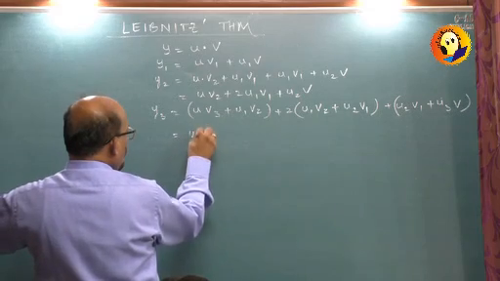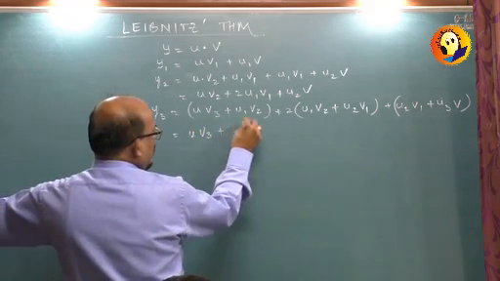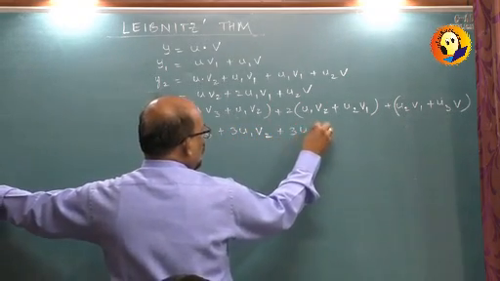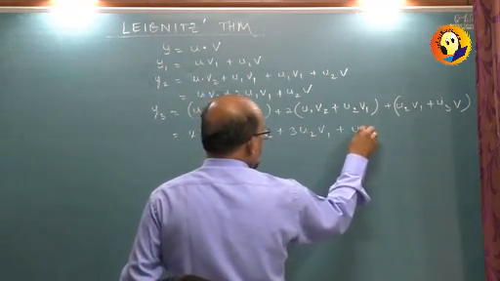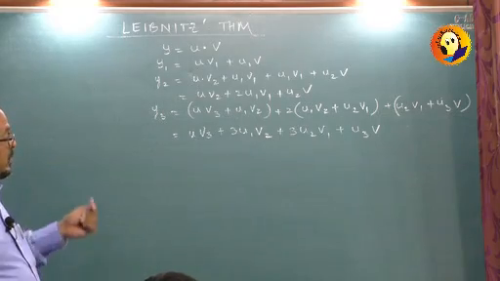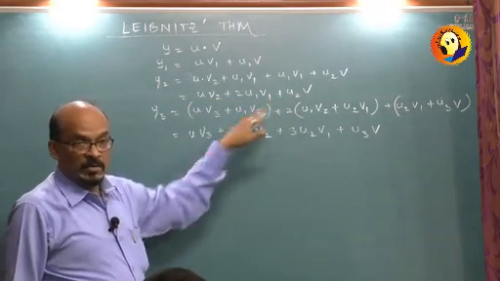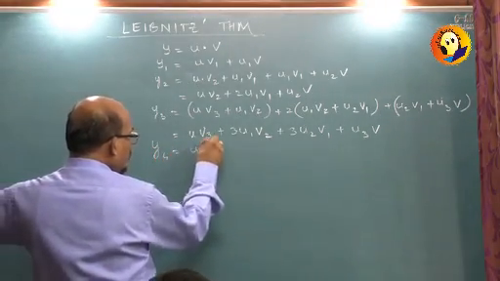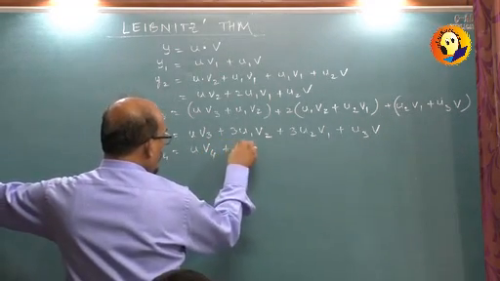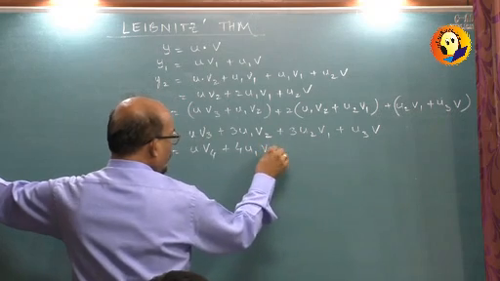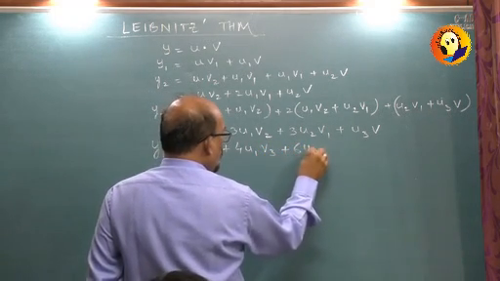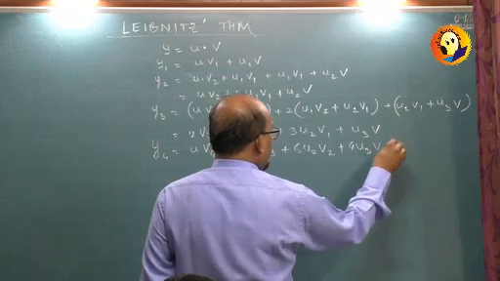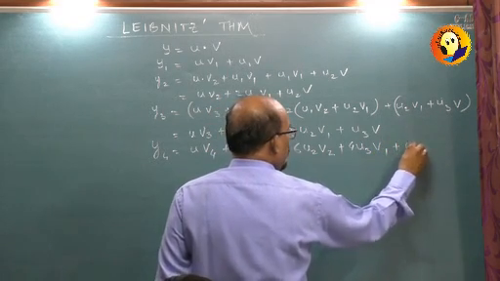Will come out to be u v3 plus 3 times u1 v2 plus 3 times u2 v1 plus u3 v, which gives us the idea that these are the coefficients of square, these are coefficients of cube. So when we go for y4, we can write it directly: u v4 plus 4 times u1 v3 plus 6 times u2 v2 plus 4 times u3 v1 plus the last one, u4 v.